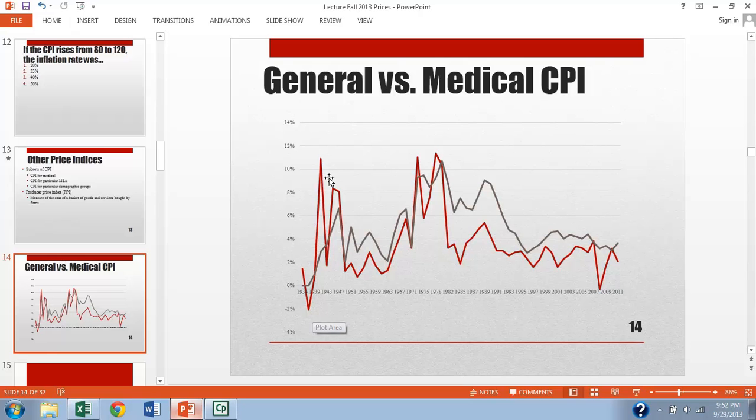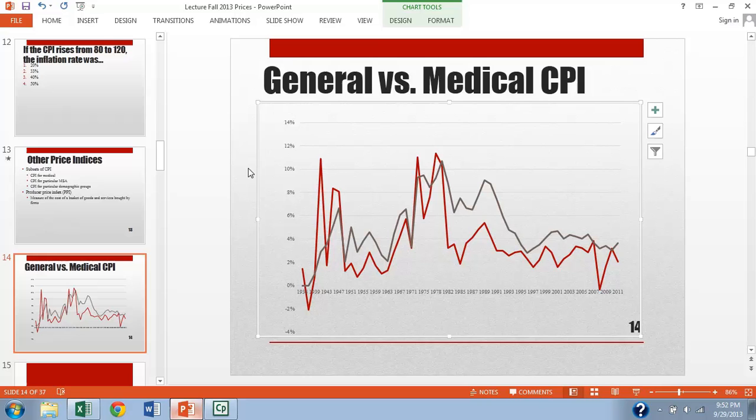Let me just go back to this medical CPI for a second here. And often people say, well, medical costs are going up by blah percent per year. And it's something huge like 8 or 10%, which is much above the normal rate of inflation. And that's actually a little bit of a misstatement. I think it would be more accurate to say that medical spending is going up by, say, 8 or 10% per year, far faster than the rate of inflation.